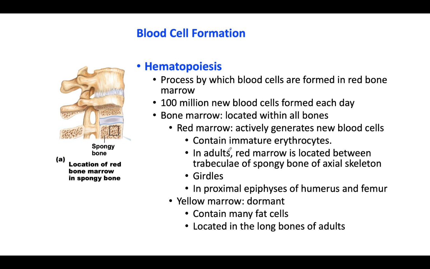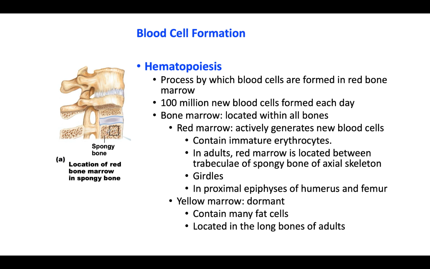Red bone marrow contains immature red blood cells, and it is located between the trabeculae of sponge bone of axial skeletal bone. So here is sponge bone, and inside the sponge bone there are trabeculae, and that is the portion where red blood cells can be produced.